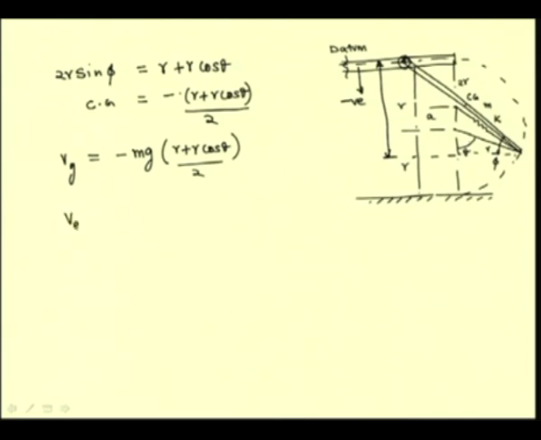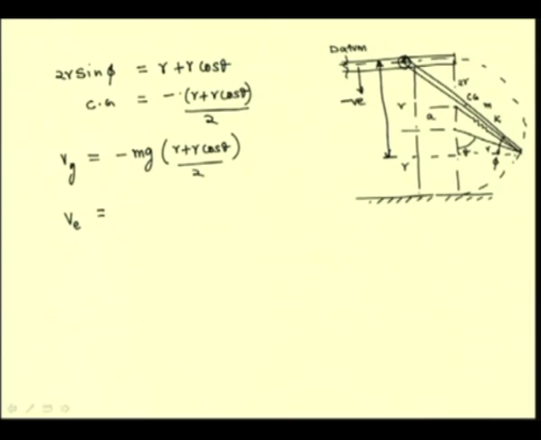Same way, let us write the potential energy associated with the spring. It is known that for the completely open position, that is when this door is in this position, the spring is in the unstretched position, that means the unstretched length is r minus a. So for any given position, we should find the stretch of the spring in order to compute the elastic potential energy associated with the stretch of the spring.